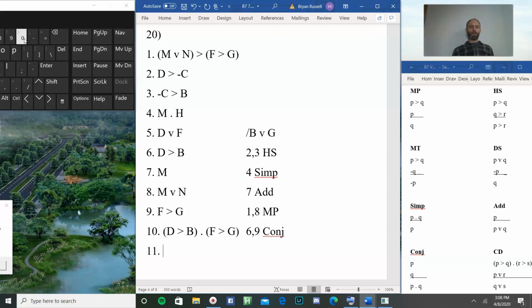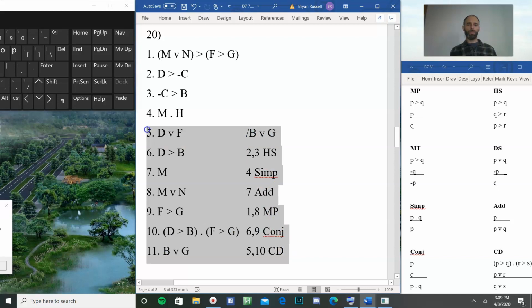So look at lines 10 and 5. 5 is the disjunction of both antecedents there. So we can get the disjunction of the consequents, CD, constructive dilemma. And there we got to B or G. That's what we were trying to do, and it actually wasn't all that long. We just needed to think our way through the constructive dilemma.